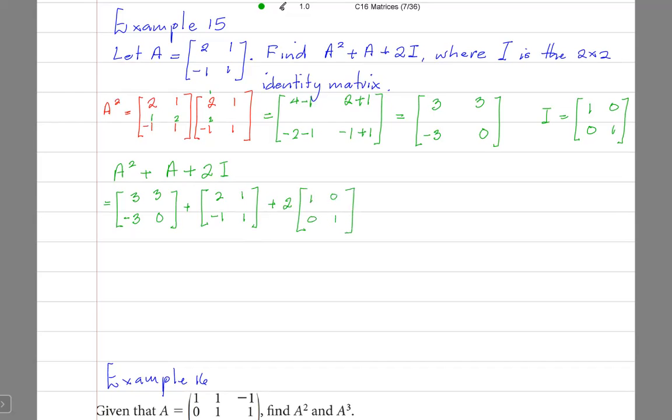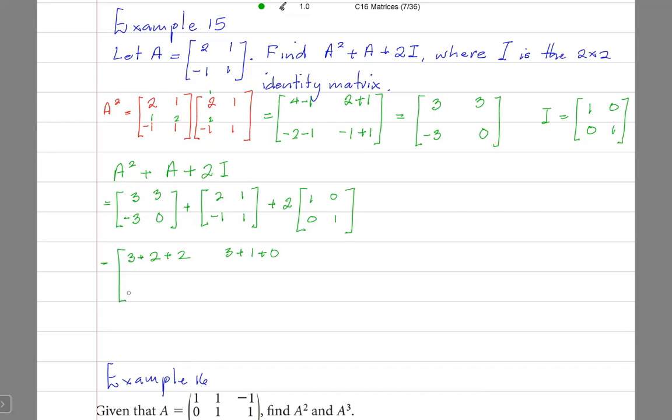Now when you're adding matrices, what you do is add corresponding elements. Corresponding elements are elements which are in the same position. So it's going to be 3 plus 2 plus 2. That's the top left element. Top right element, 3 plus 1 plus 0.